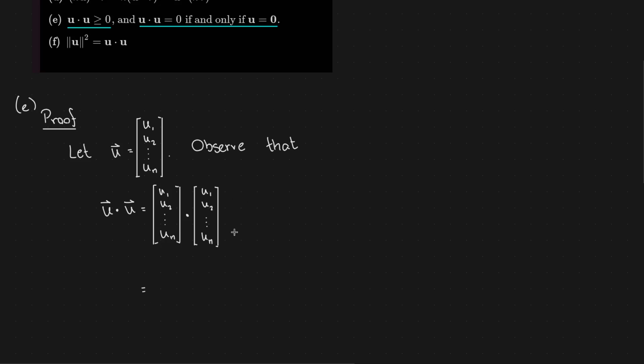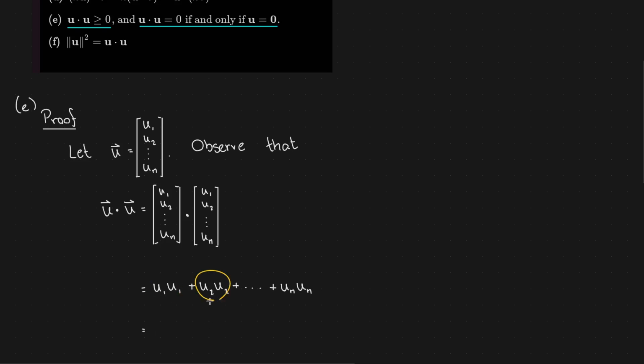And so I am going to multiply corresponding components. So first component of the first vector times first component of the second vector. So u1 times u1 plus second component of the first vector times second component of the second vector. And I keep on doing that until I multiply the last component of the first vector with the last component of the second vector.